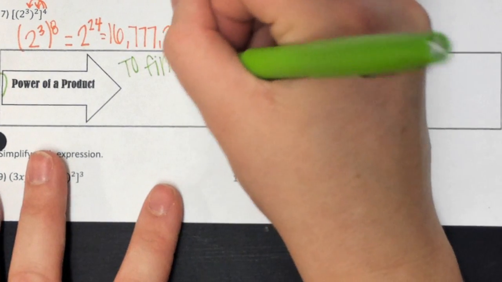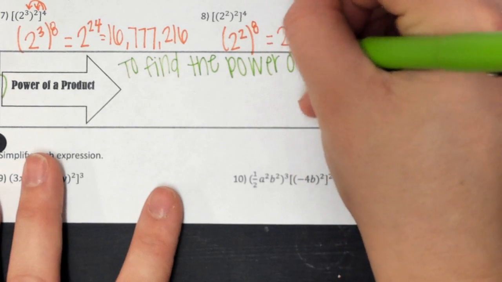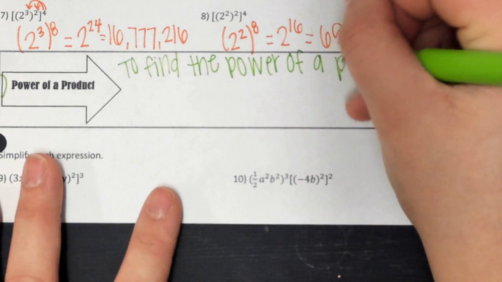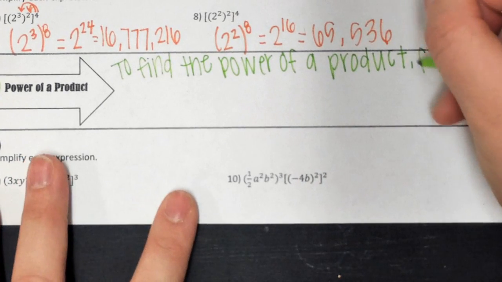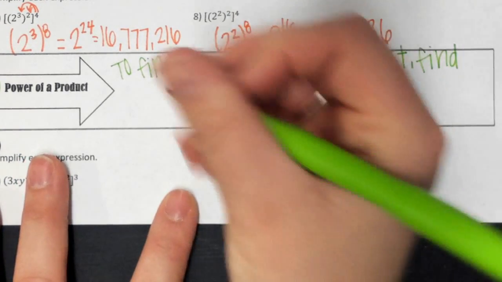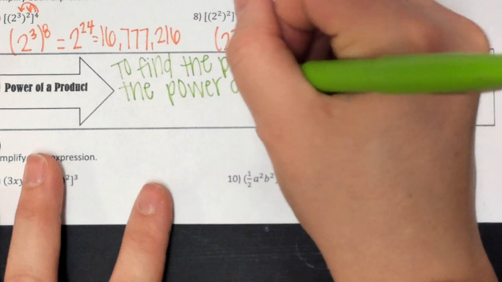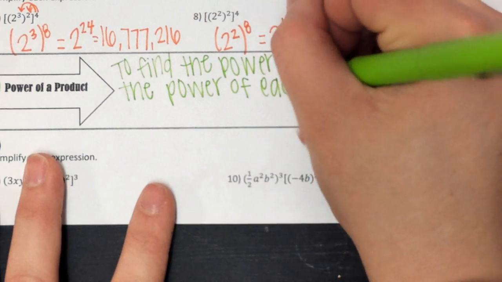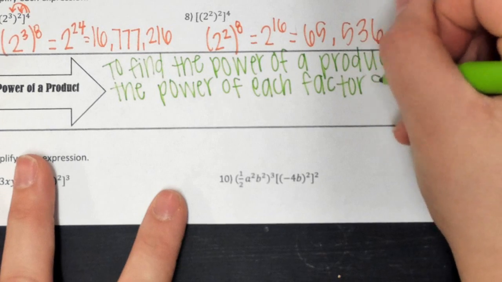To find the power of a product, find the power of each factor, and then multiply.